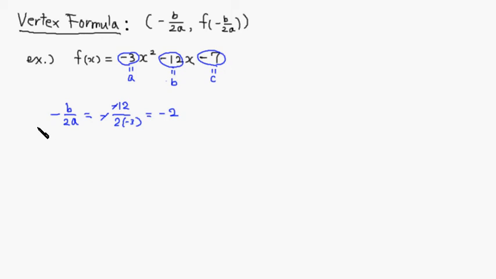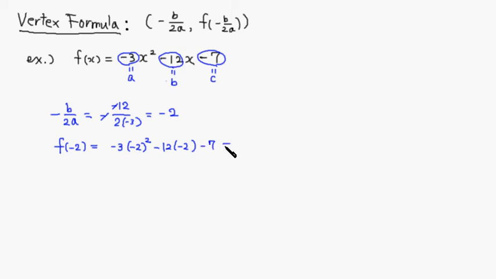Once you know that, the y coordinate can be found by just plugging negative 2 into the function. So in this case, you have a negative 3 right there, then I see x, so it's negative 2 squared, and minus 12, then I see x, so it's negative 2, and then subtract 7.